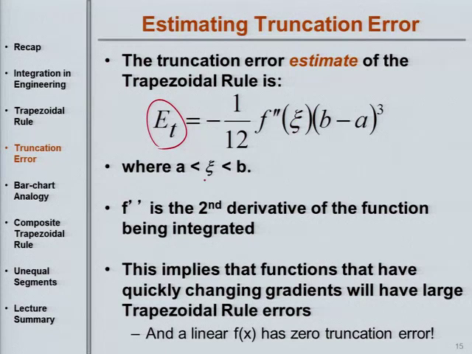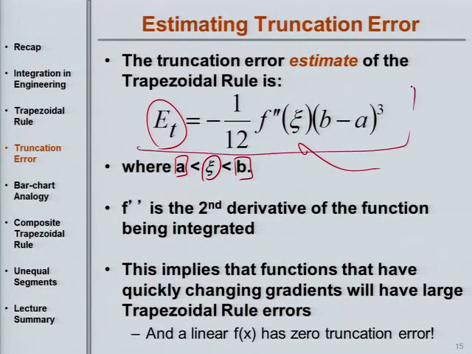This value of psi here has to lie between those two bounds, the left bound and the right bound. But the question is, we don't know what that point psi is. This basically says that somewhere in that interval there'll be a point that if you could plug it in here, you'll get the exact integral. Where f double dash is the second derivative.